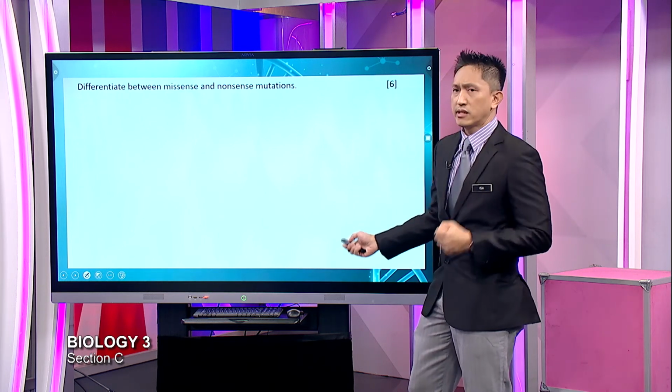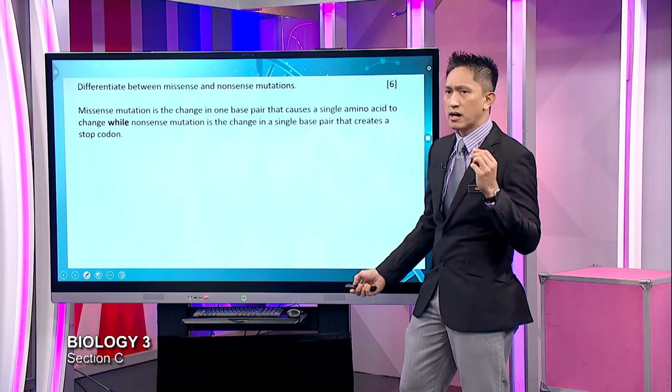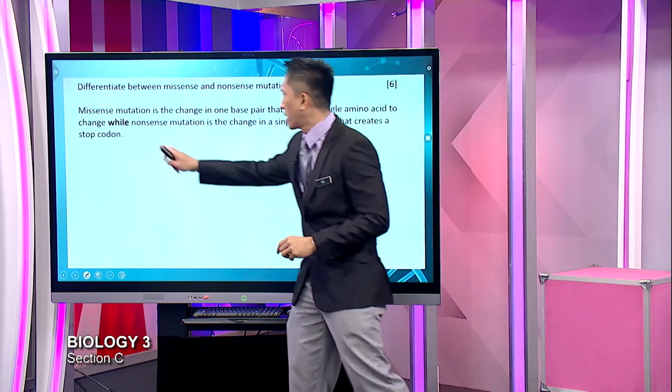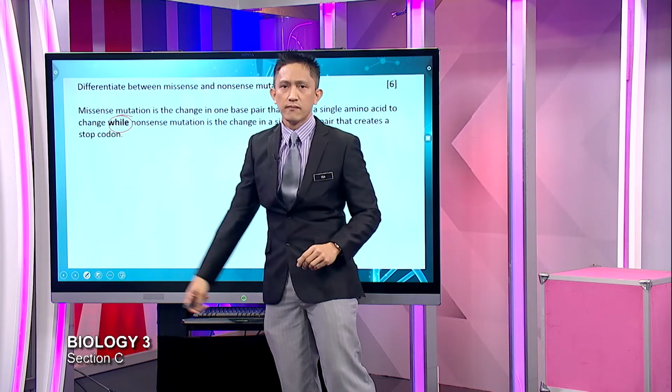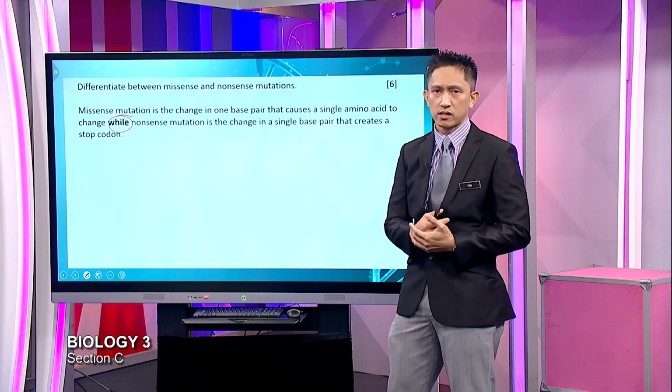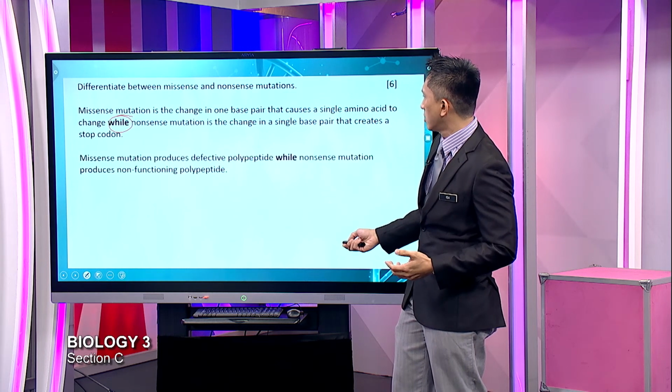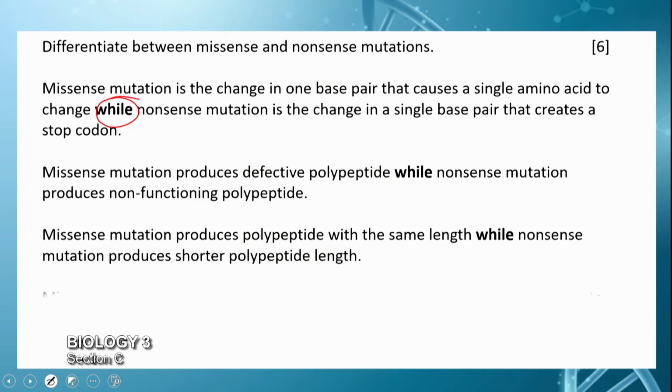Now, here I just want to highlight you when you answer this type of question, make sure you use words like while, whilst, whereas to show comparison between two parameters. Okay, so like this. Okay, and like this.